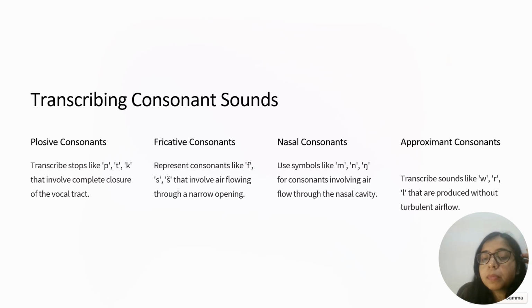Then approximant consonants. Transcribe sounds like W, Y, L that are produced without turbulent airflow. While we say W, Y, L, there is no turbulent airflow. Nothing is coming out from a small opening, and nothing is getting blocked. It's just without any turbulence.